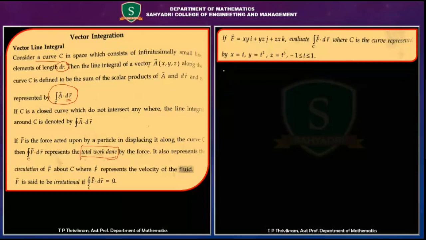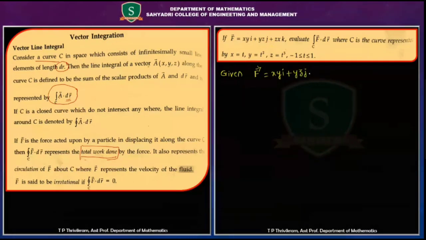Given F vector is equal to xy i plus yz j plus zx k.